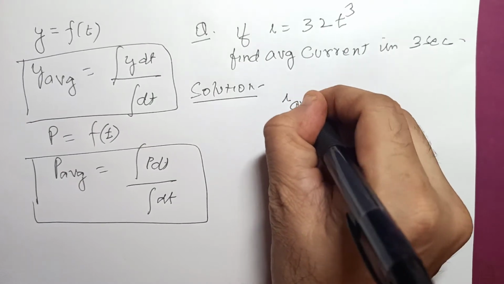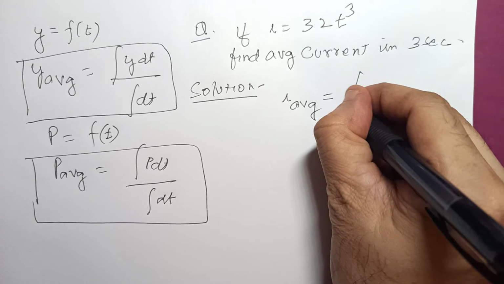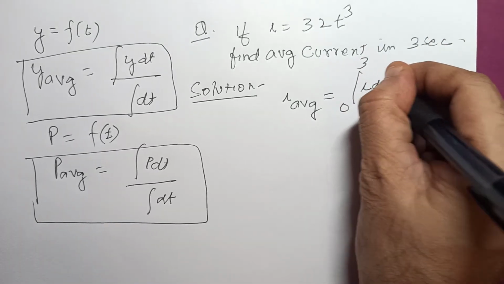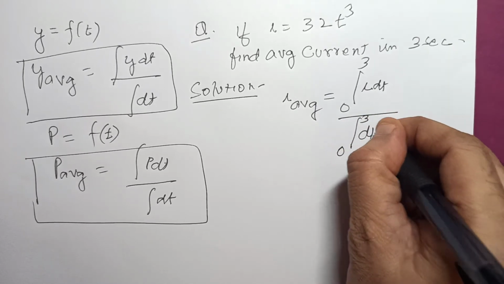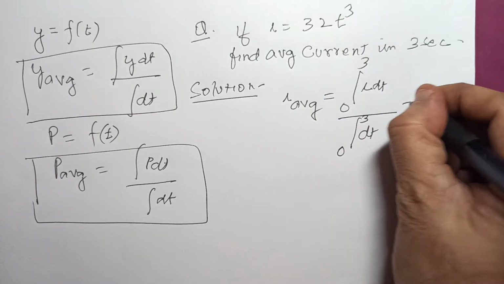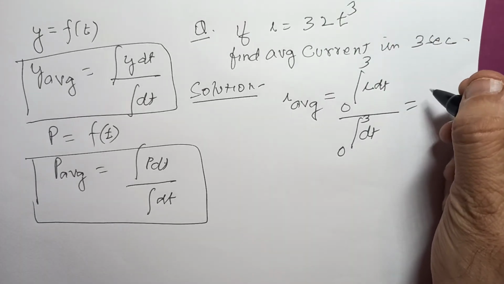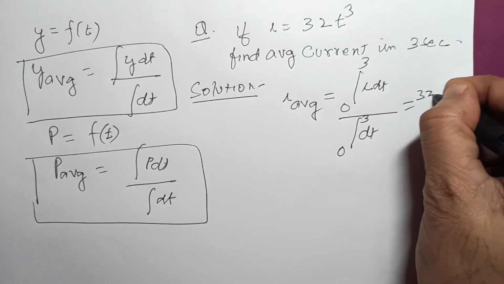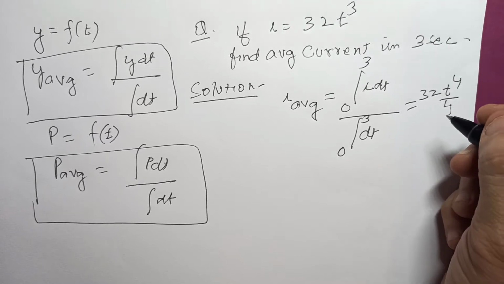I average is equal to integration, so 0 to 3 seconds, I dt divide by 0 to 3 dt. If I put the value of I here, it becomes 32 t to the power 4 by 4, correct?